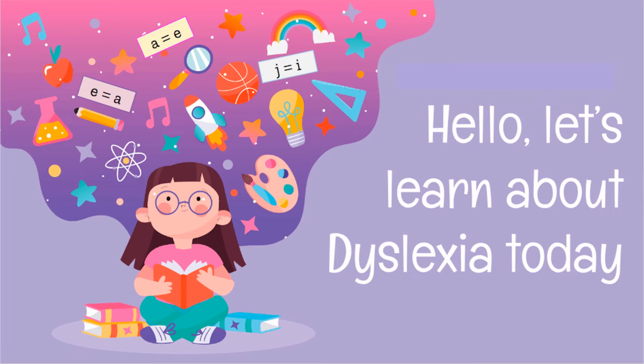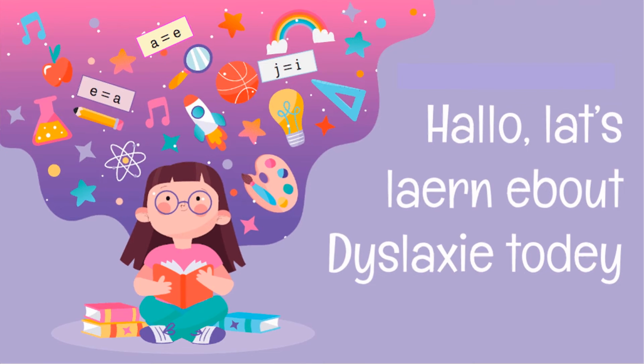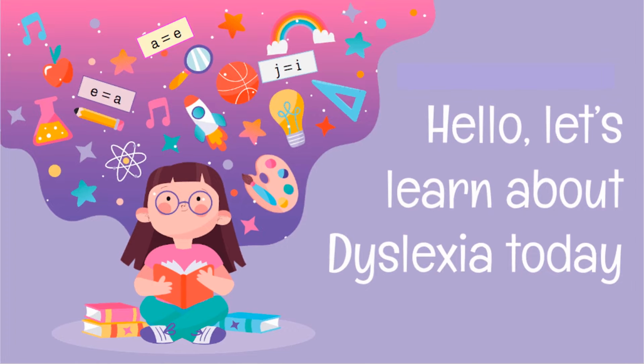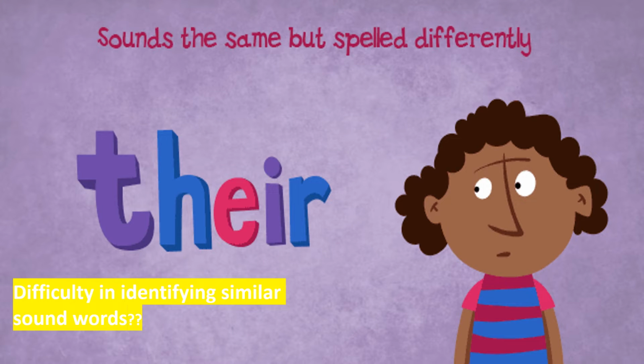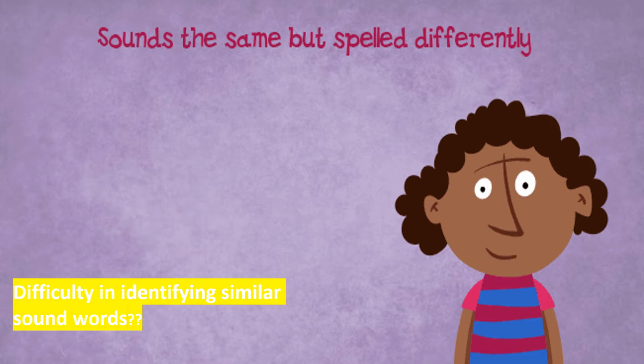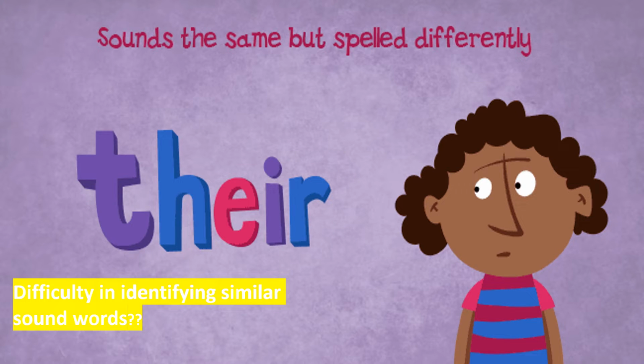Now I'm going to share some examples in which students depict their problems related to dyslexia. First, a child faces difficulty related to the sounds of words that sound the same but are spelled differently, for example, there and their.